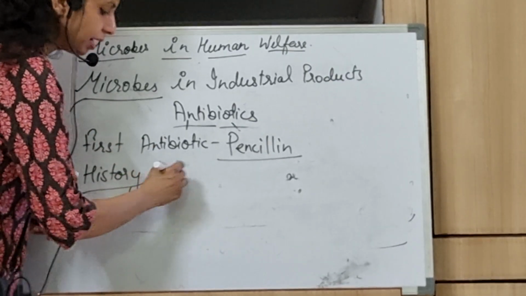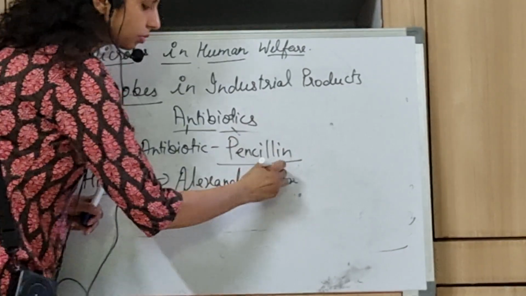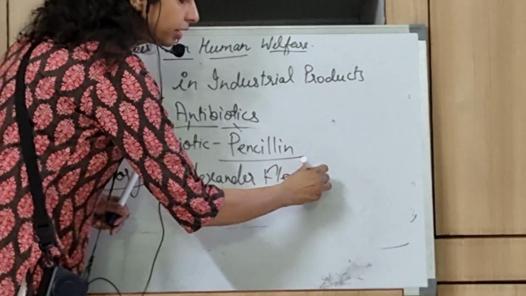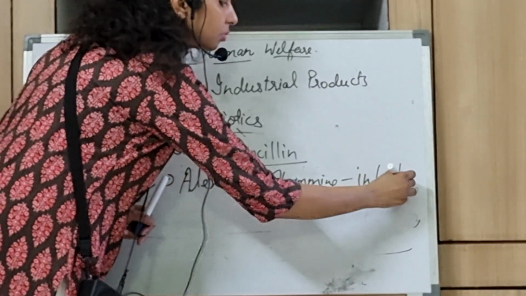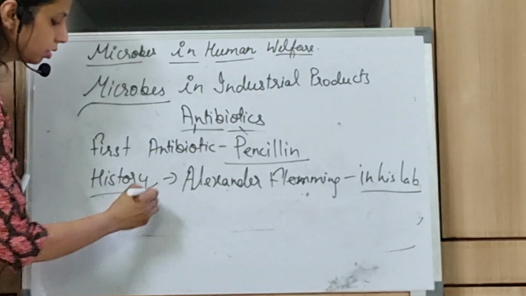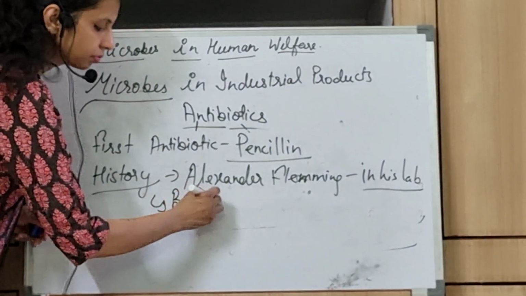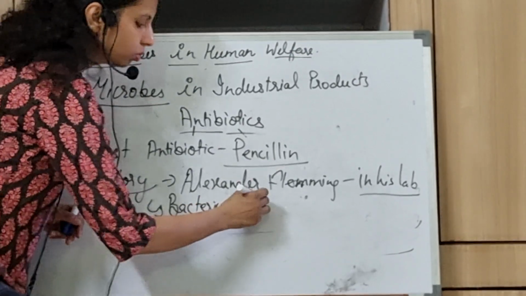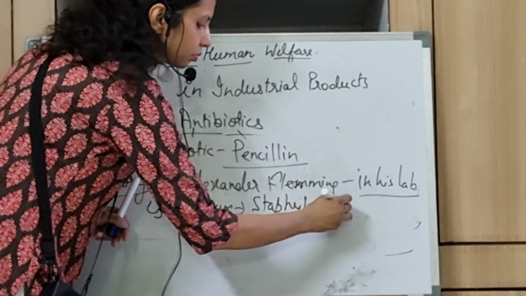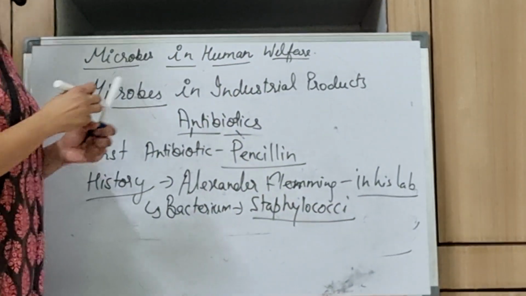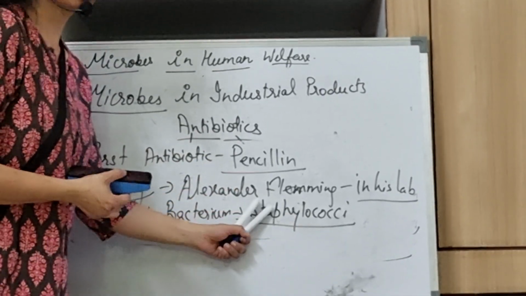So, Alexander Fleming, while working in his lab with the bacterium Staphylococci, found out that something was stopping the growth of Staphylococci.